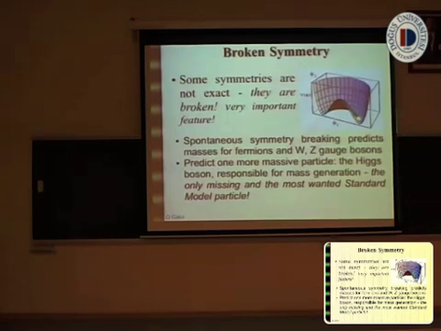Spontaneous symmetry breaking predicts the masses for the fermions and the massive gauge bosons, but not for the photon and the gluon, because they are massless. And it predicts one more massive particle, the Higgs boson, which is responsible for the mass generation, and is the only missing and most wanted part of the standard model.